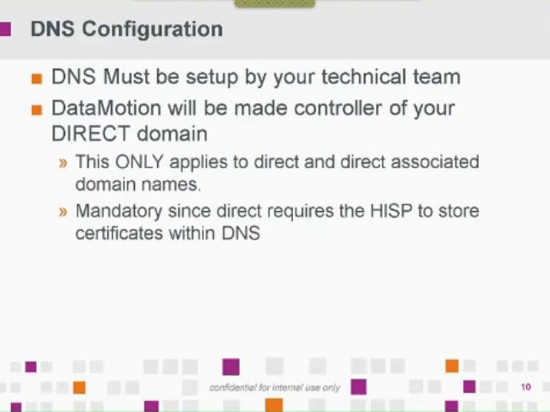DataMotion runs a direct-enabled DNS server and a direct-enabled mail server, so DataMotion must be the one to respond to internet requests to send direct messages. Just to recap, if your current DNS provider does not support the use of a name server record, commonly Network Solutions and 1&1 Internet, then you would either need to change DNS providers or register a new domain for use explicitly with direct.